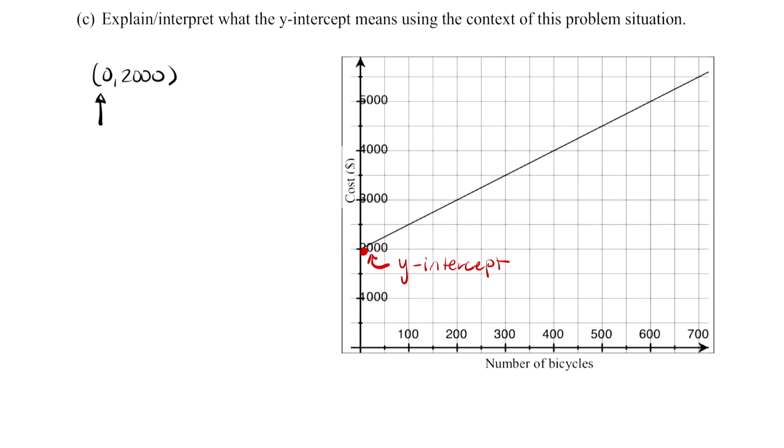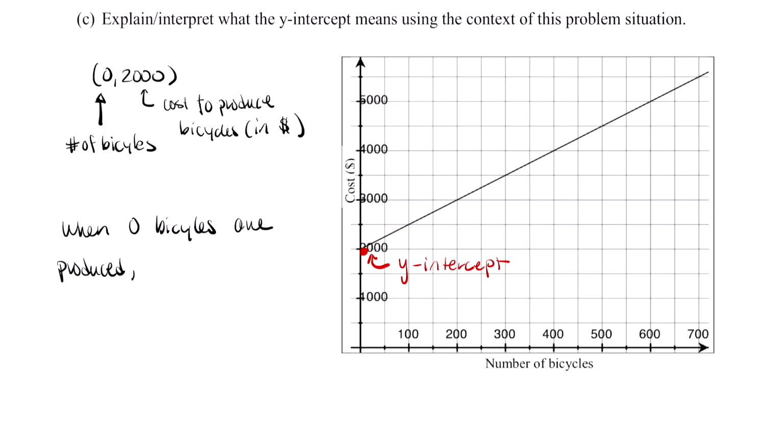And again, the x variable is number of bicycles, and the y variable is cost to produce. That tells me that when 0 bicycles are produced, the cost in dollars is 2,000.